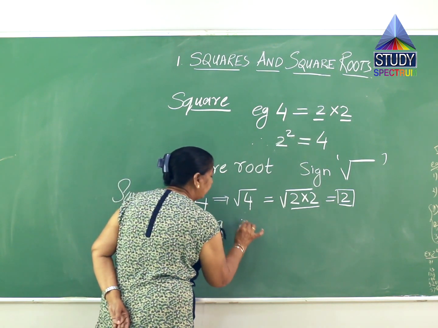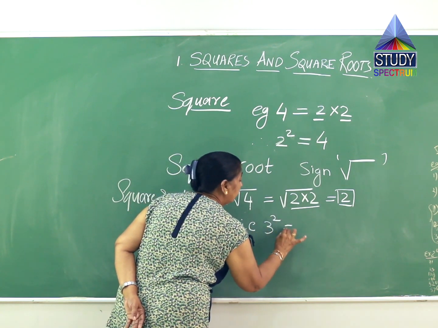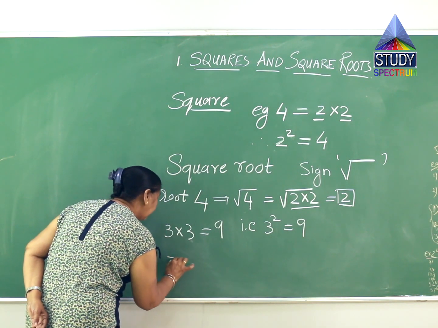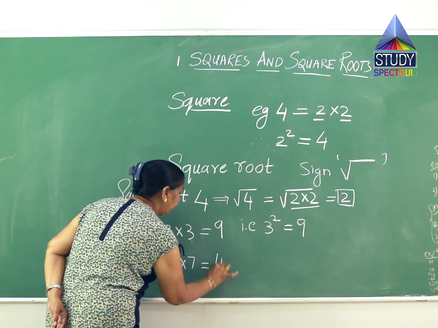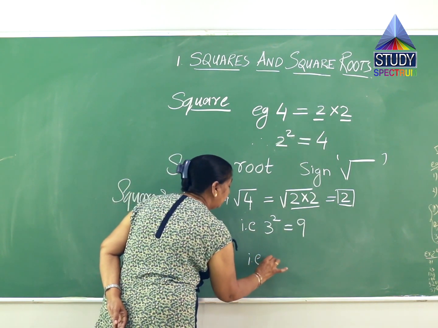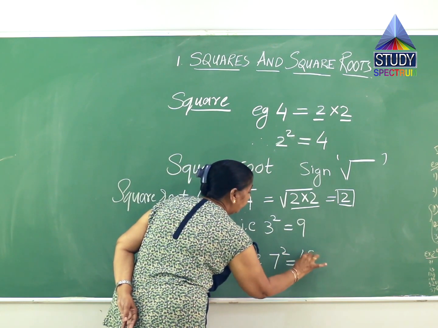So the square of 3 is 9. Same way, 7 into 7 is 49, and in square form I can write 7 squared is equal to 49.